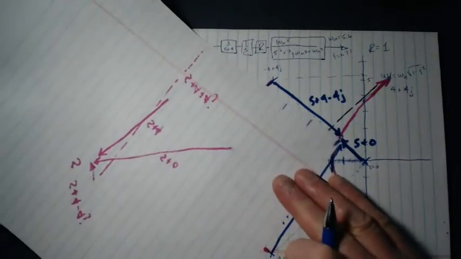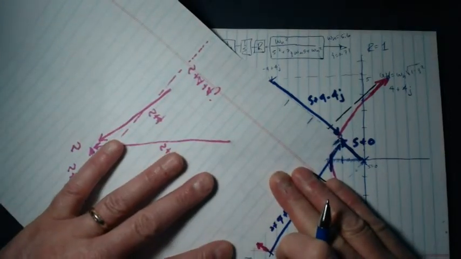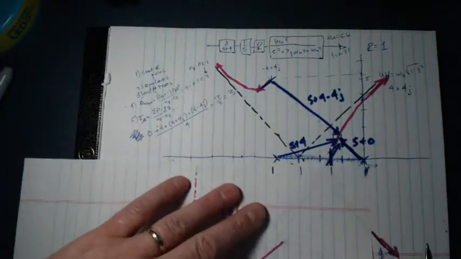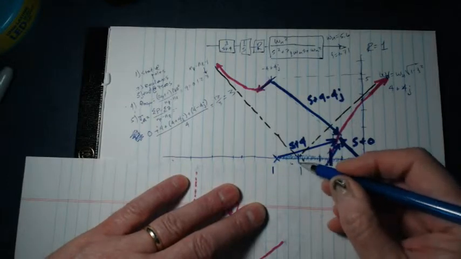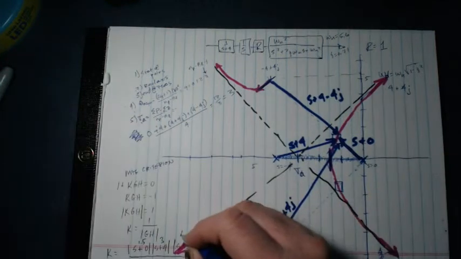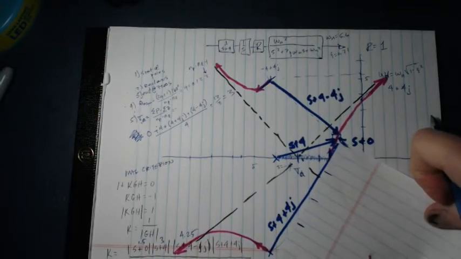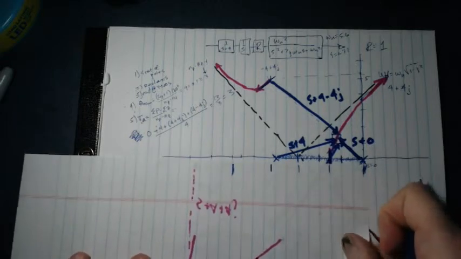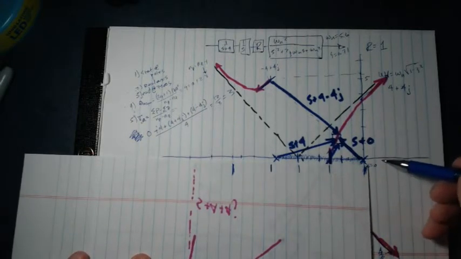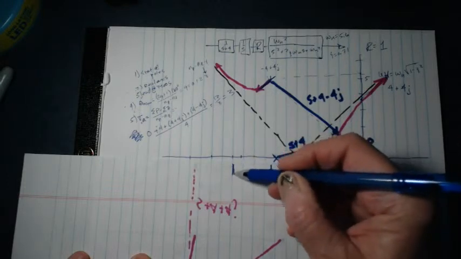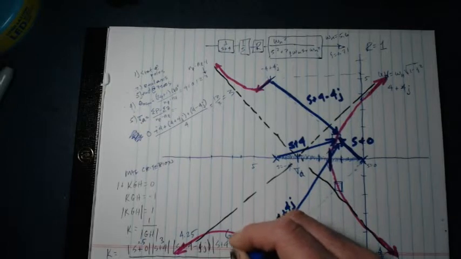What's the distance from here to here? 4.25. What's the distance from here to here? Graph paper clearly would help here, right? 1, 2, 3, 4, 5, 6. 6.